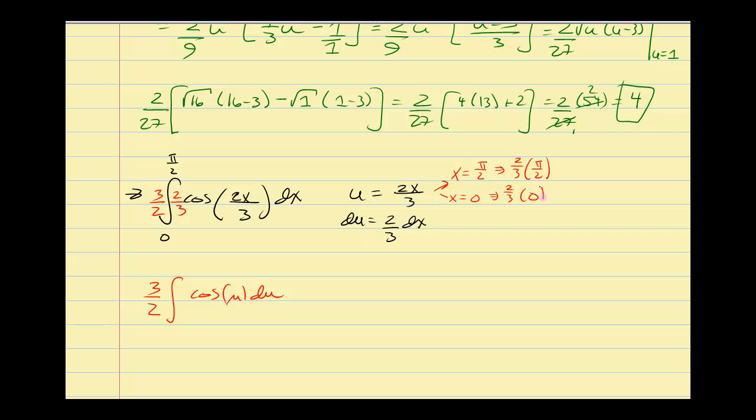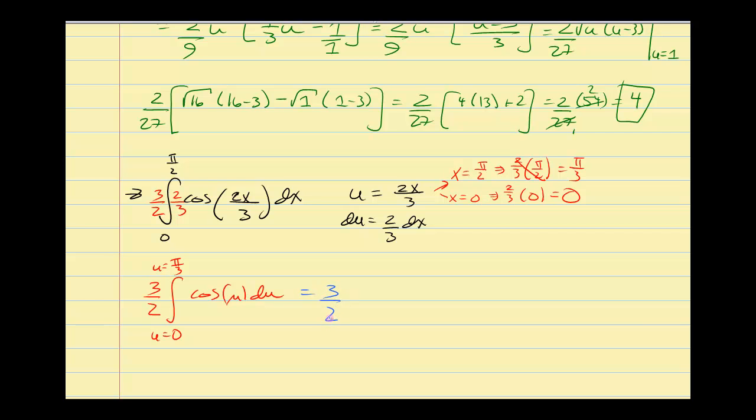Well, my lower limit of integration doesn't change, u equals 0. Now my upper limit of integration, the 2's cancel, and I'm left with pi over 3. And these are values of u. I'm going to note that they're values of u just to keep things pretty clear here. Now I need to drag along this 3/2.